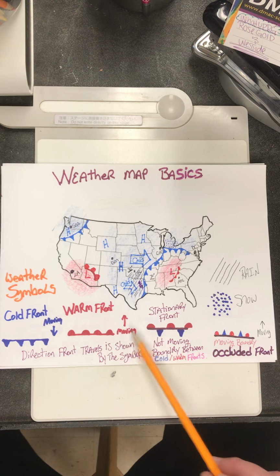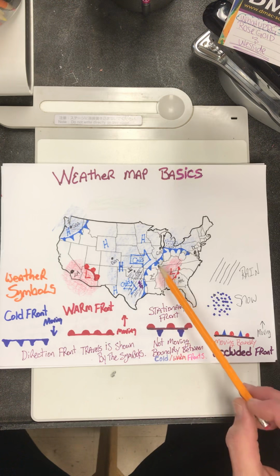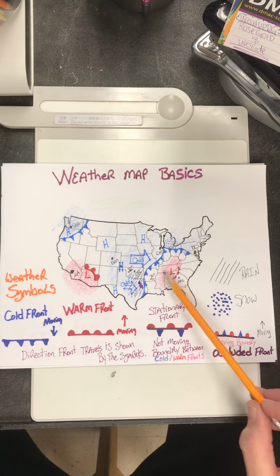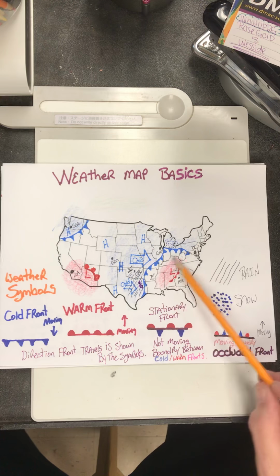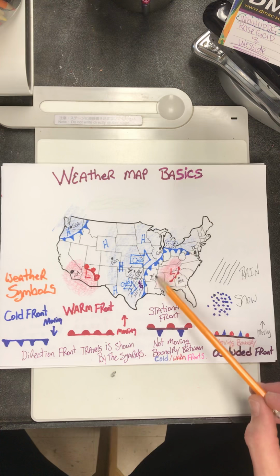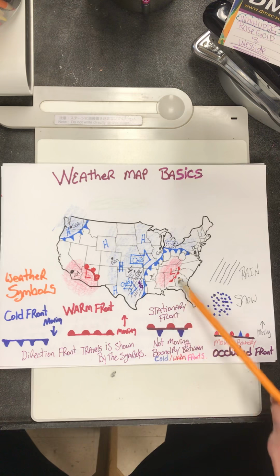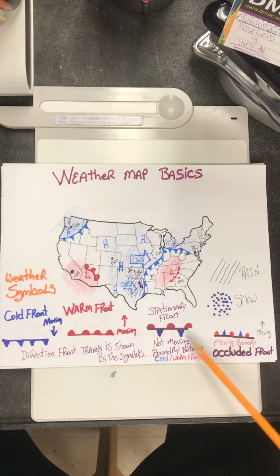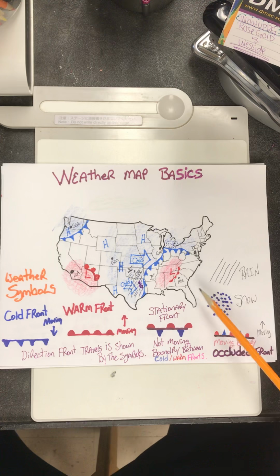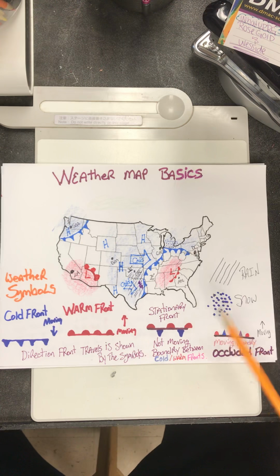Then you have a stationary front. That would be when this cold front, along this boundary, hits this low air mass, and we would end up having a front. It could either be occluded or stationary, or the cold front can just overrun this warm front.